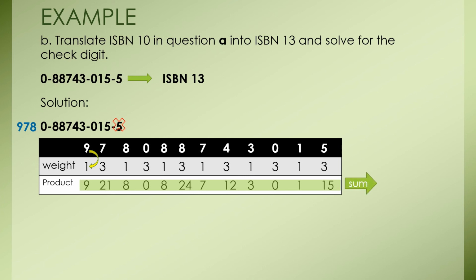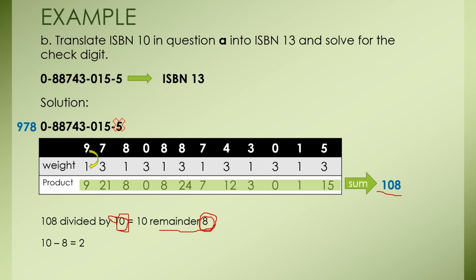Add all these products, and it would be equal to 108. 108 is then divided by 10, and the remainder is 8. This 8 proceeds to our next process, where it is subtracted from 10, and will give us an answer of 2. Then this is the check digit. We tack it on the end of our ISBN.